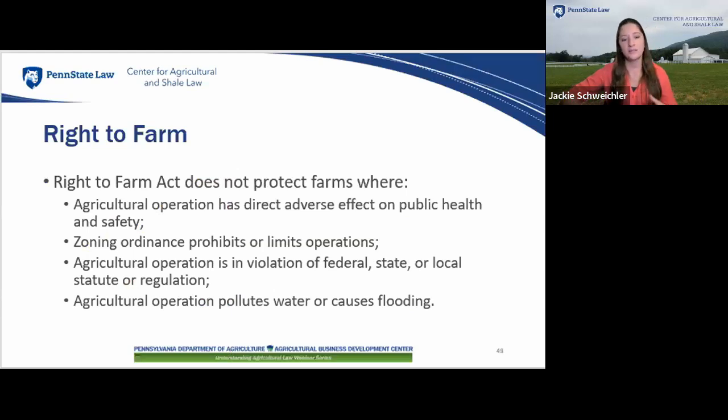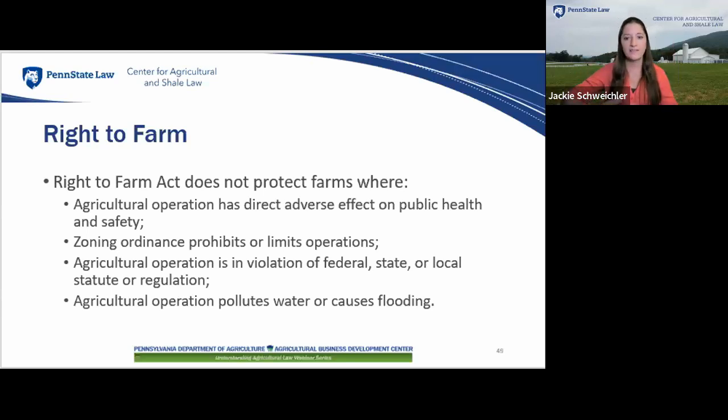Okay, so right to farm is not a perfect catch-all safety measure. It doesn't apply if your activity is deemed to have an adverse effect on health and safety. It also won't apply if your operation is prohibited by zoning or if it violates laws or regulations. I think those are all the things listed there. Oh yeah, and I think on the slide I also have, if your agricultural operation pollutes water or causes flooding.